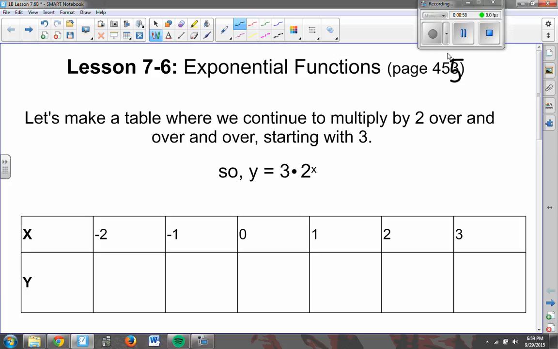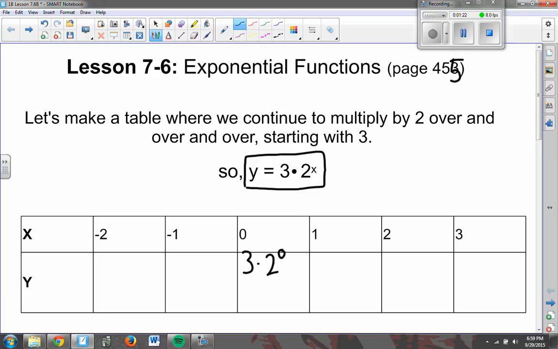So our equation here is y equals 3 times 2 over and over again, or 3 times 2 to the x power. All right? So if x is 0, let's say, this should be the easiest one for us, because this is going to be 3 times 2 to the 0.